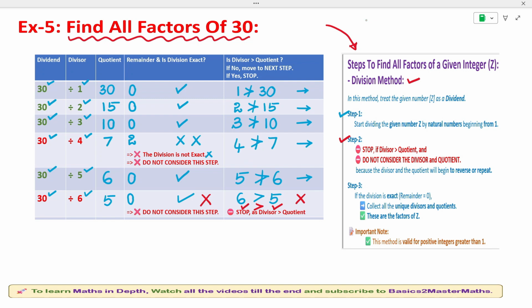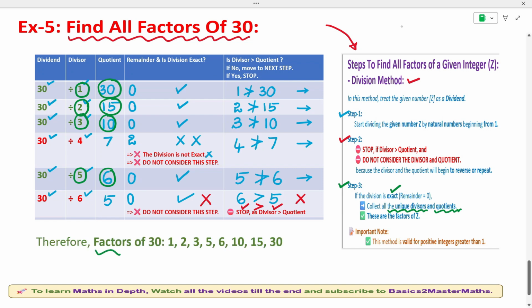Got it? Step 3. If the division is exact, then collect all unique divisors and quotients. In this case, they are 1, 2, 3, 5, 6, 10, 15, and 30.